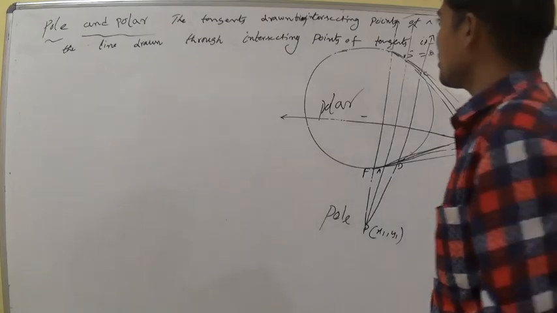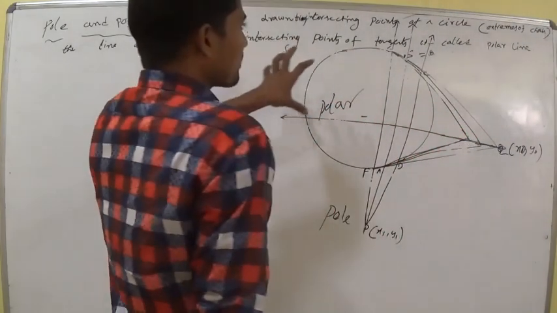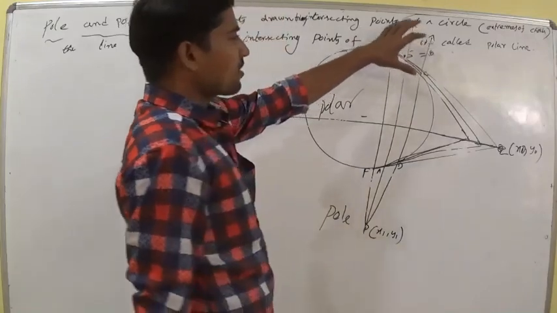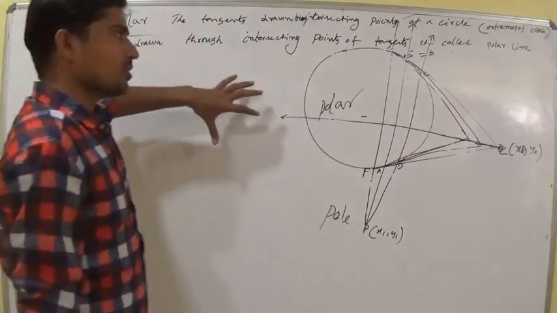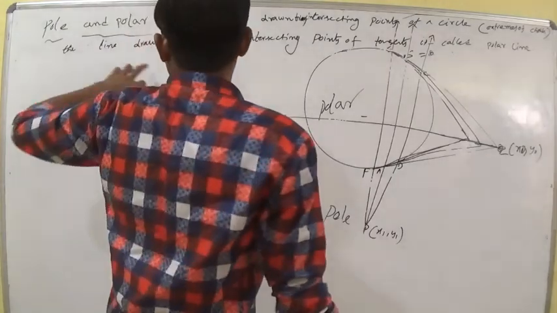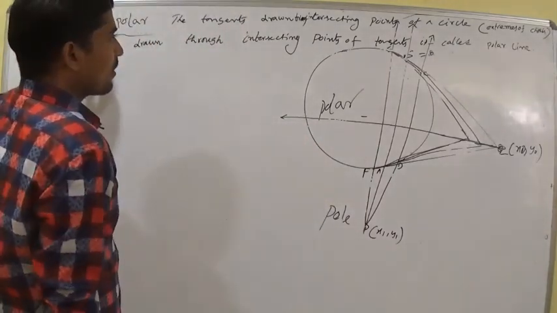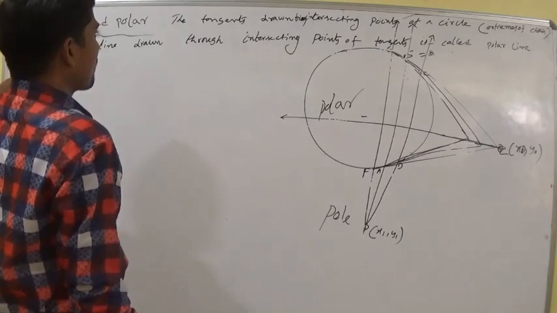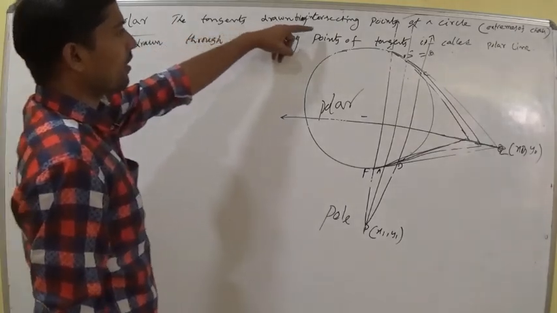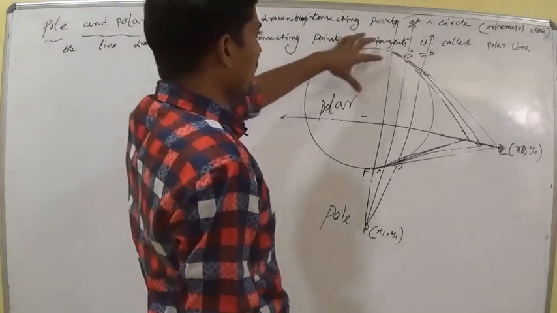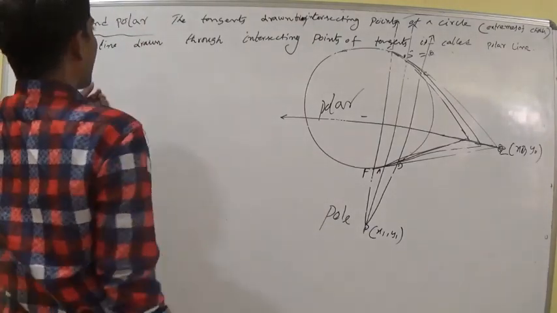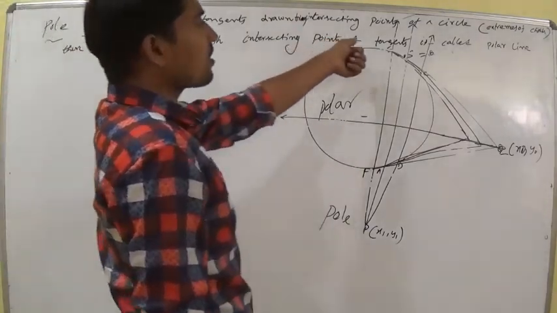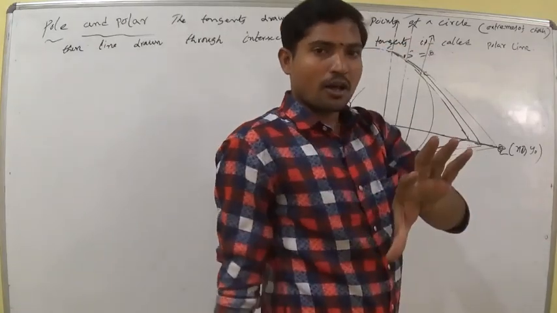The tangents drawn from intersecting points of a circle, I mean to say extreme chords, then the line drawn through the intersecting points of tangents is called polar line.